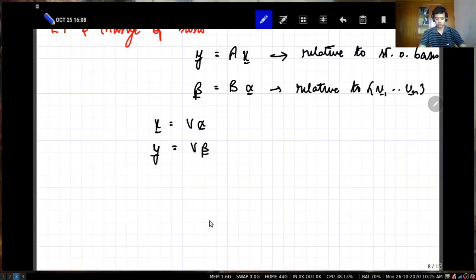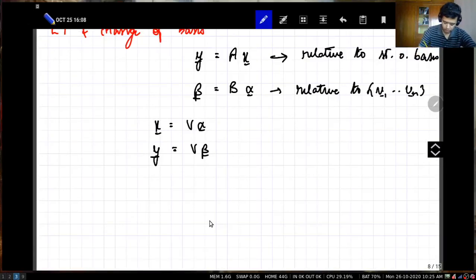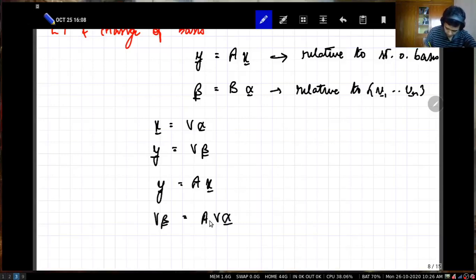Because this is just a transformation from the basis v1 through vn to the standard ordered basis. And therefore we have y equal to A times x, or V beta equal to A V alpha, or beta equal to V inverse A V, right?